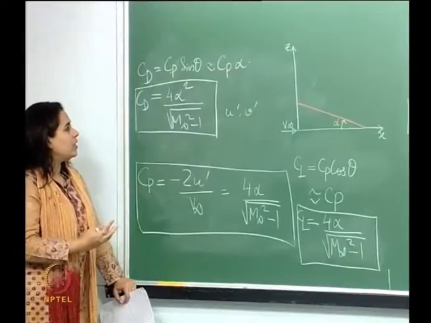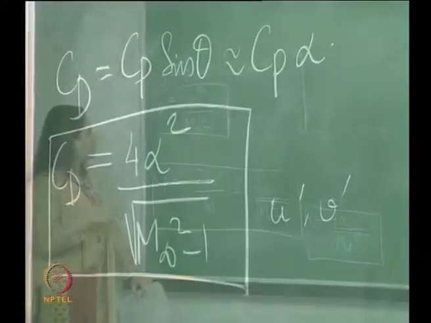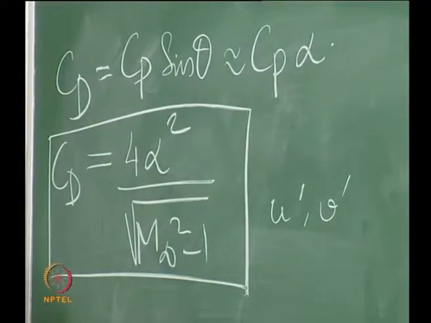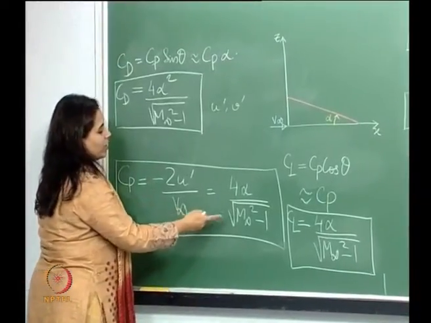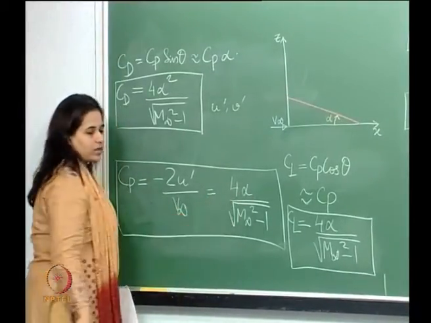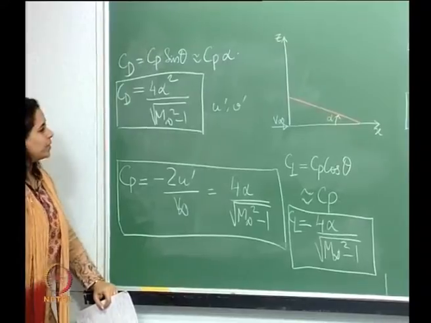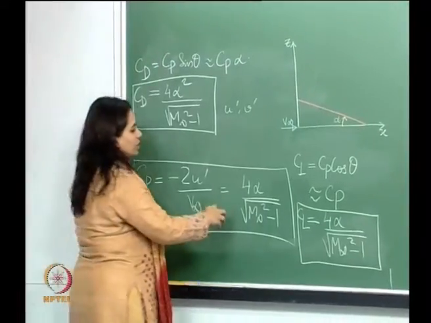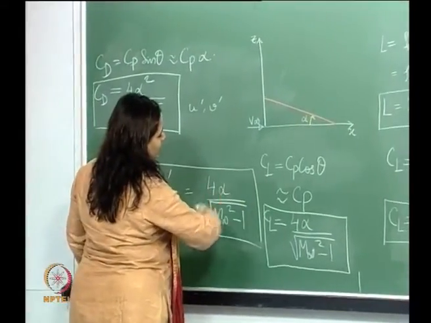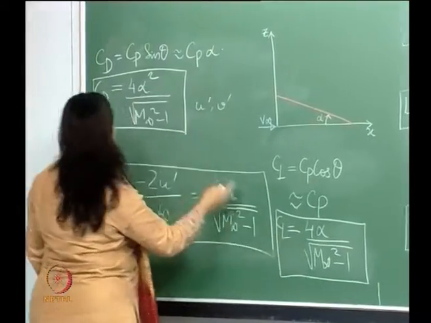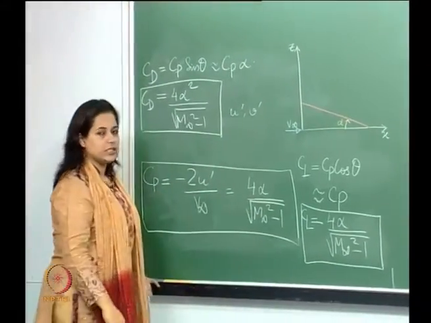Using that, we were able to write Cp using the correction for the supersonic flow. And of course, using the coefficient of pressure Cp, we write the Cl and the Cd.